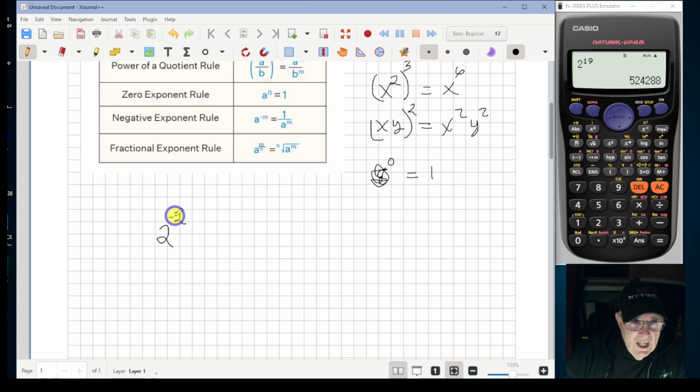But what does this negative mean? This negative notation is a shorthand for this. Whatever number is in front of this 2, and there's only a 1 times this, 1 is always invisible. It just means 1 over 2 squared.